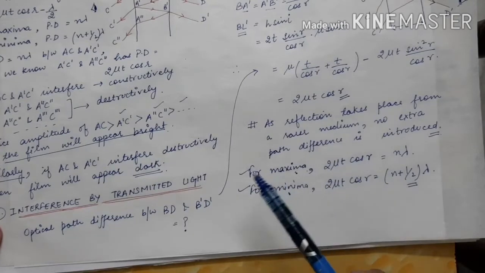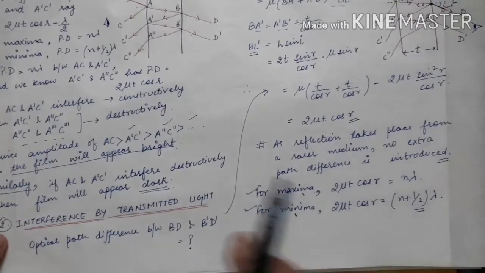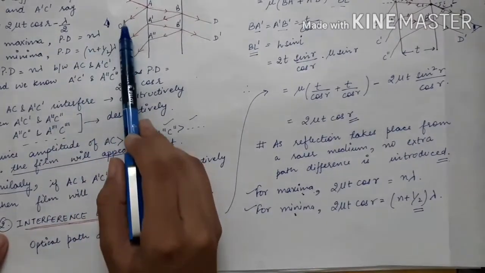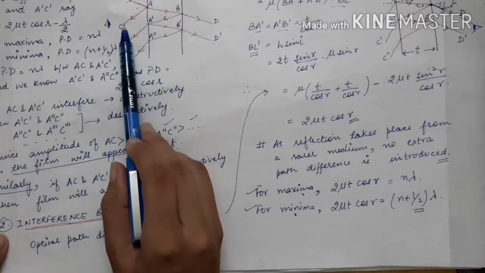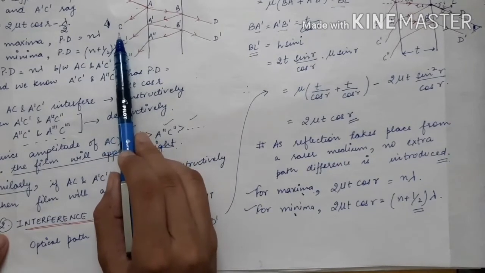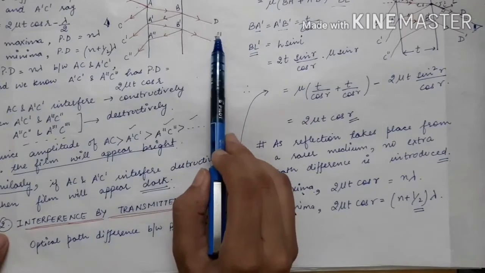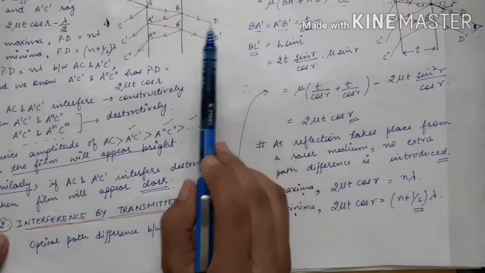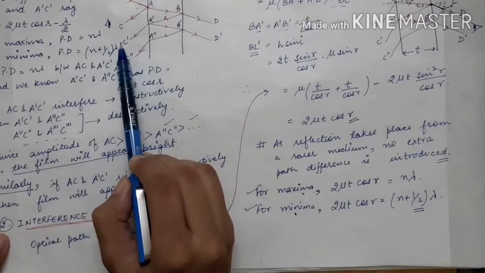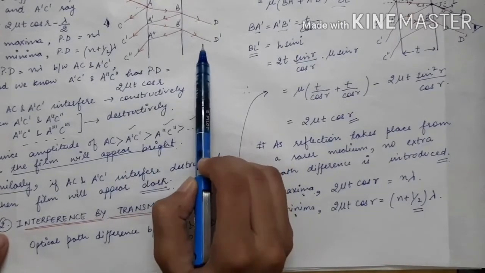So you can clearly see the main point is that when the first two reflected lights interfere constructively, simultaneously the first two transmitted lights will interfere destructively, because the condition which we obtain for maxima for the first two reflected lights is the same condition for minima for the first two transmitted lights.